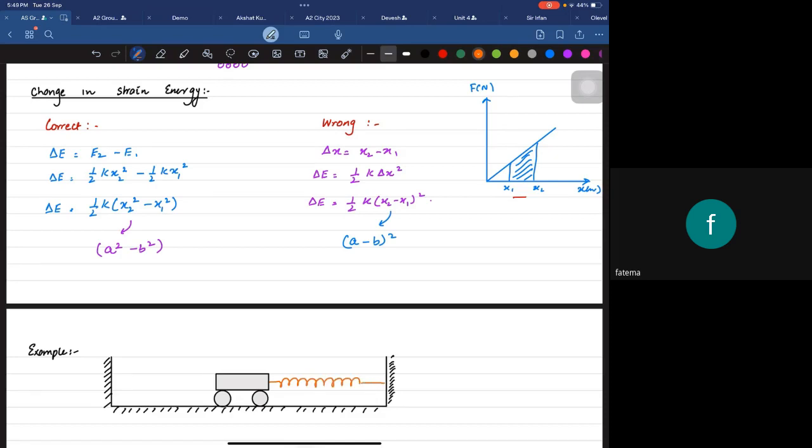They are currently already extended, like that. The mass of this trolley is 850 gram, like that.